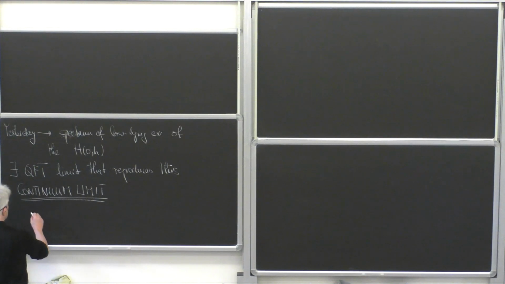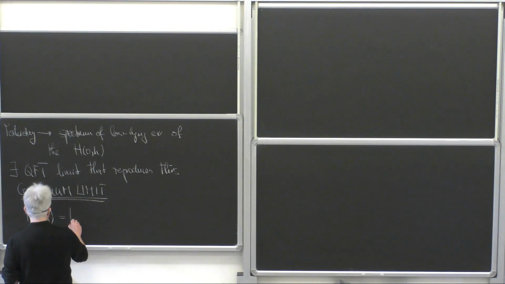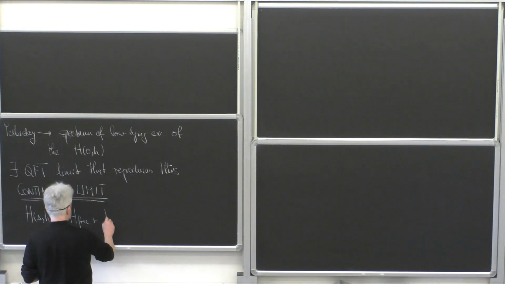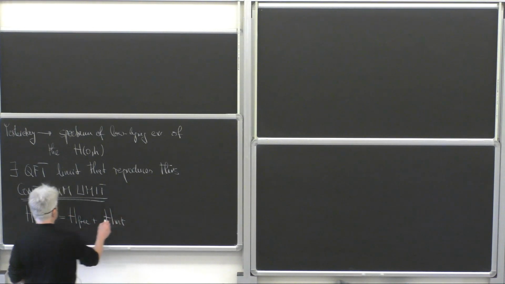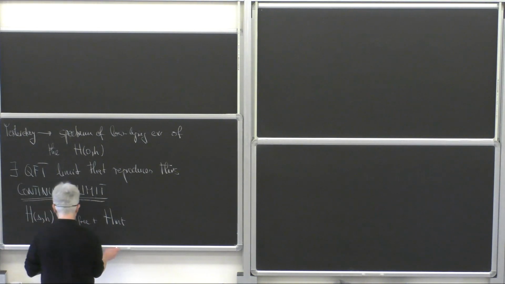So what we do is we start with the lattice Hamiltonian, now in presence of the interactions, and we say, okay, so that's a free part plus the interactions, which is the piece proportional to delta.